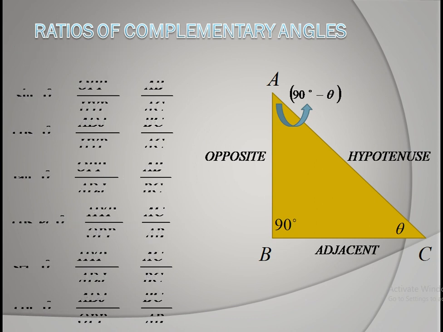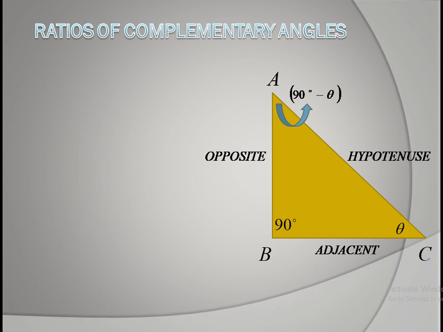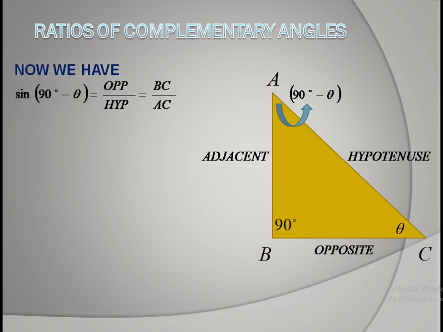Now student, we are going to find trigonometric ratios for the angle A. That means for the angle 90 degrees minus theta. Now according to angle A, BC will be the opposite side and AB will be the adjacent side. Now we have sin of 90 degrees minus theta is equal to opposite by hypotenuse, which is BC by AC.